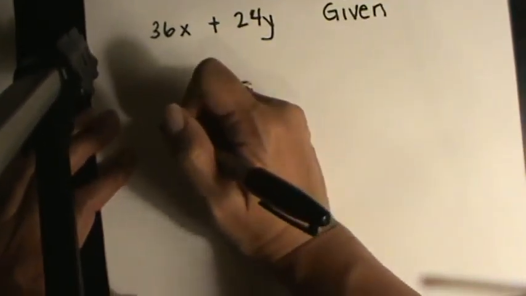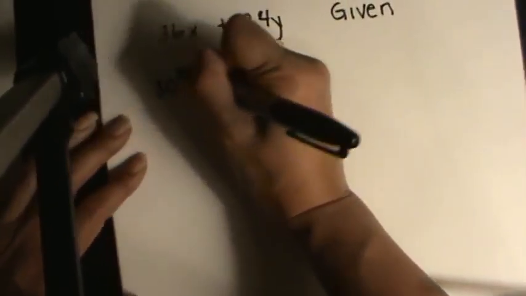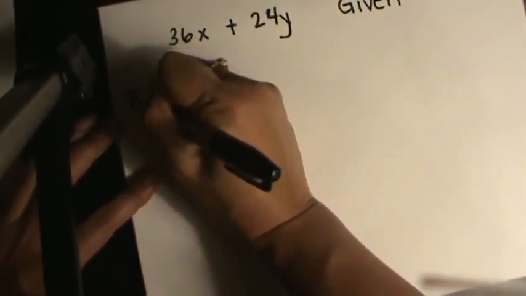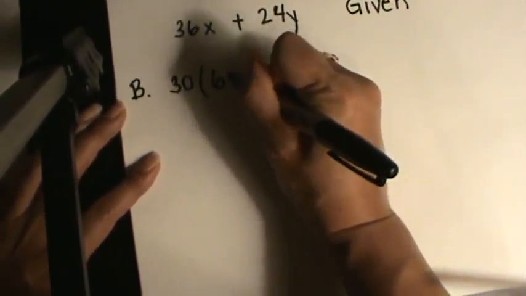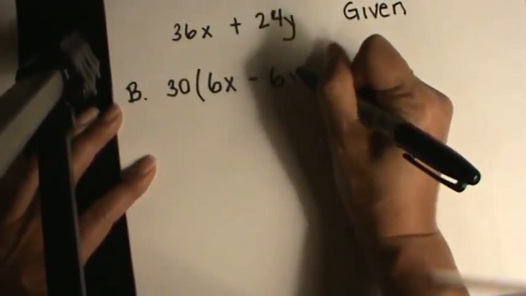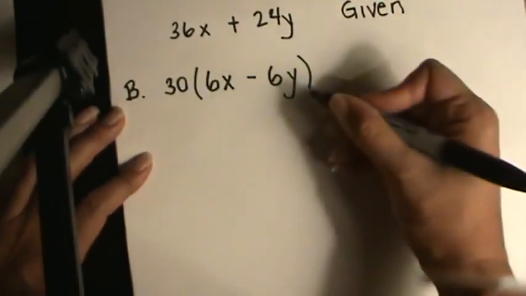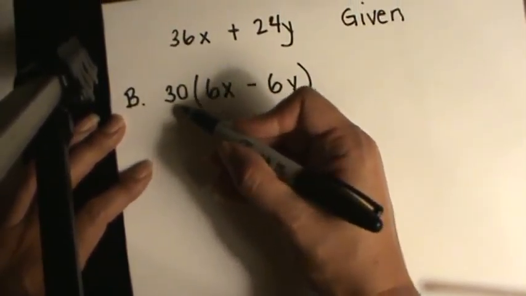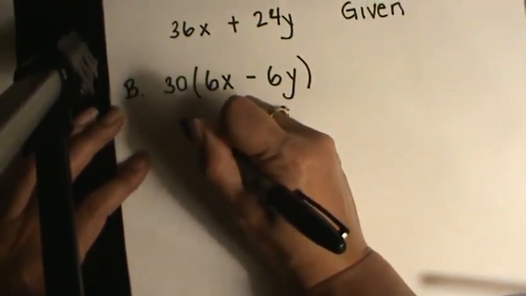We must compare it to B, which says 30 multiplied by the quantity of 6x minus 6y. Again, I have parentheses, and in order to get rid of the parentheses, I must use the distributive property.